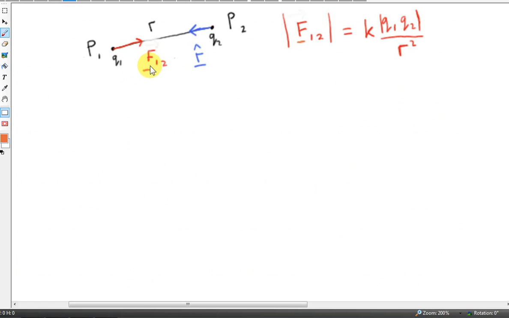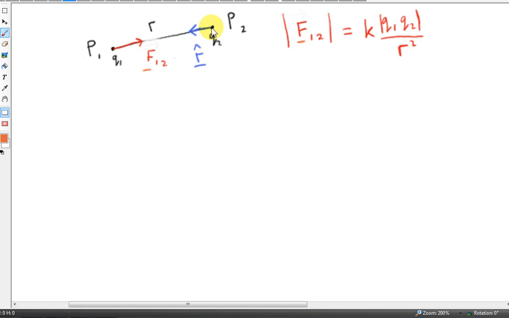Now I will revert to this notation for a vector. This is the notation that's used in the notes, the underline. So we are going to look at the vector F12. Here we just have the magnitude, and we are going to get this vector in terms of a unit vector that's along the direction of the line joining the two charges.